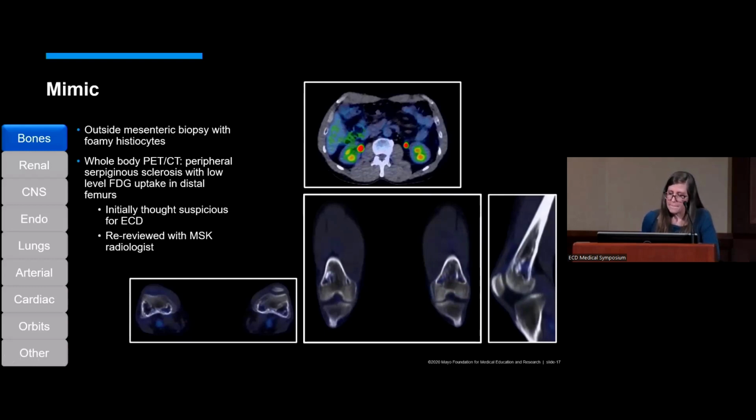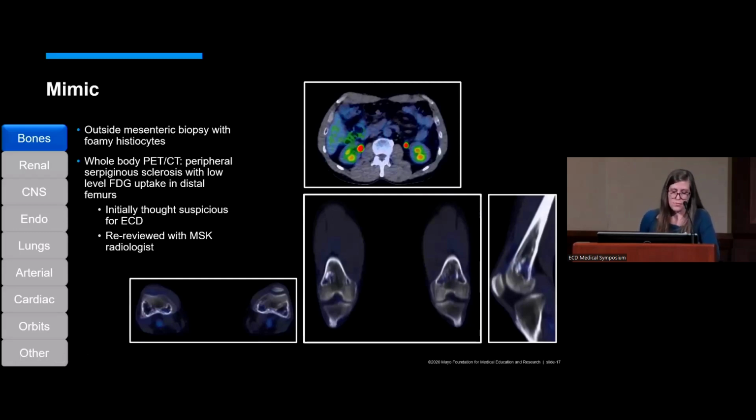And then in her bones, in the distal femurs, she had these lesions with low-level FDG uptake. They had some peripheral, more serpiginous sclerosis. And I think even the initial read thought it was suspicious for ECD.